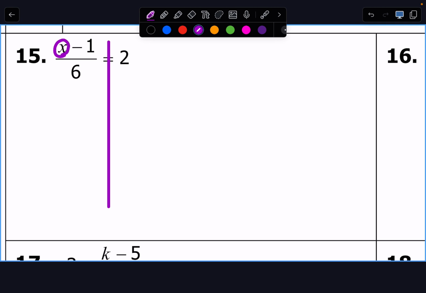Typically, we don't see the addition or subtraction as the closest, but all of x minus 1, what is that operation in between x minus 1 and 6? This means division, okay? So since 6 is furthest away, we need to undo that operation first.